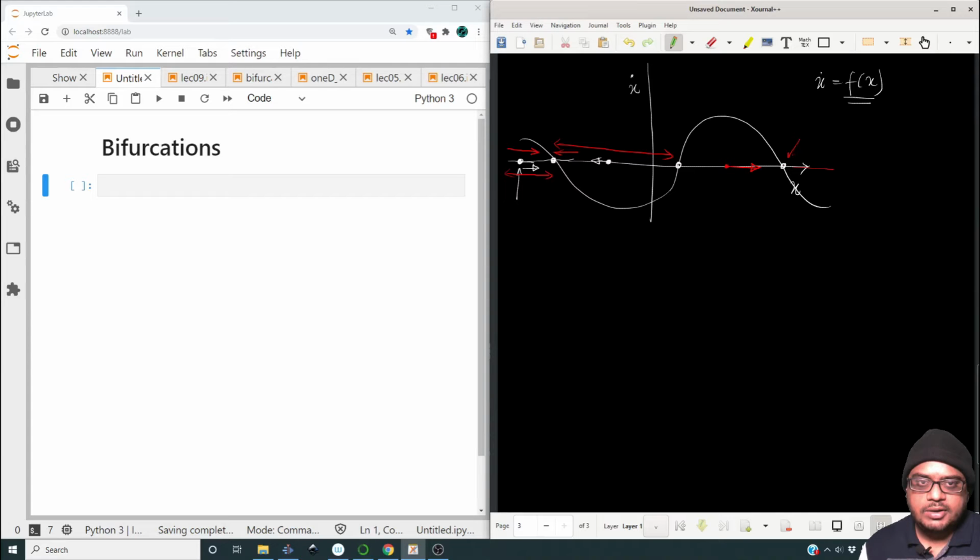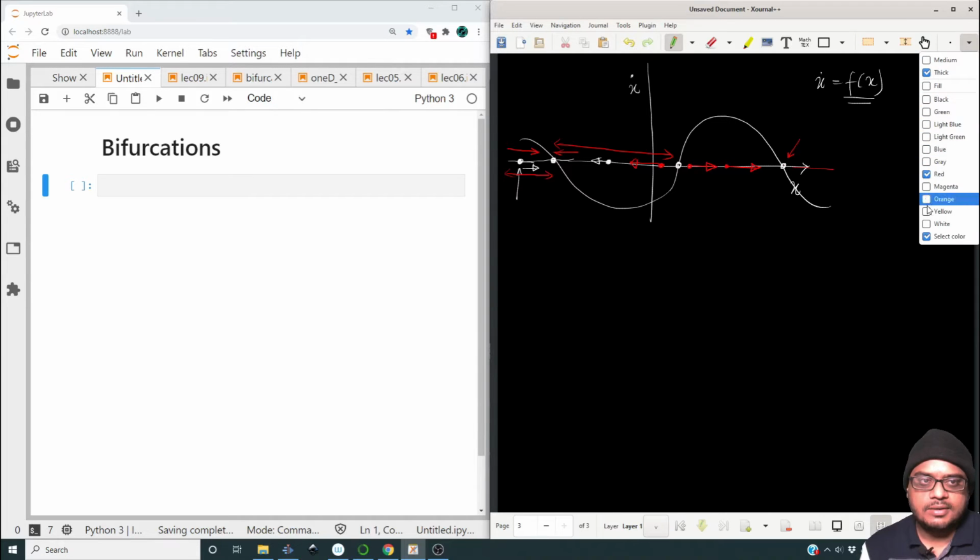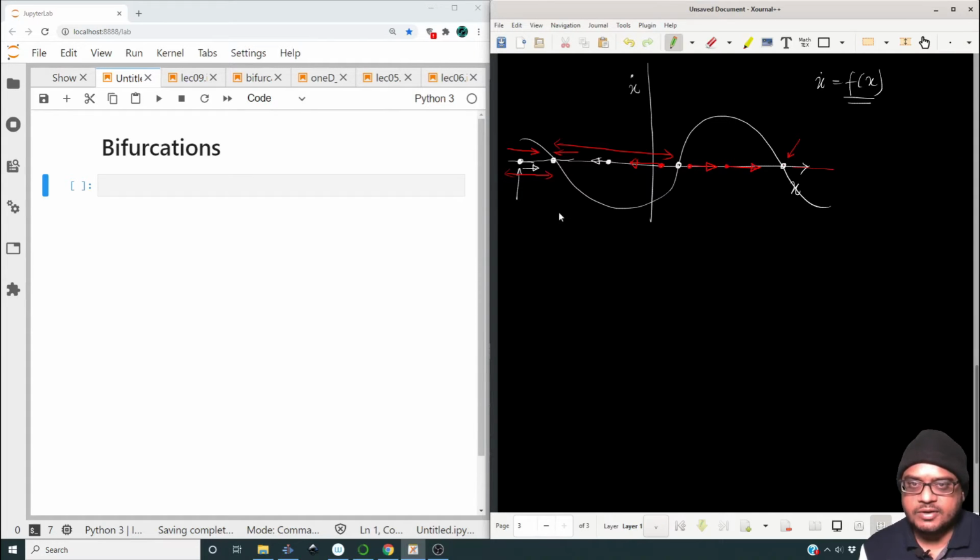So this point is also an attractor. This point is a repeller because a point over here tries to go towards the right, and a point over here tries to go towards the left. So this helps us in defining stability of fixed points. There are some fixed points which attract like these, and there are some fixed points which repel.